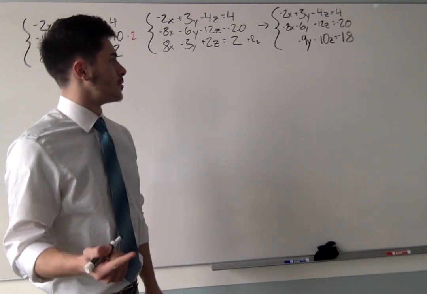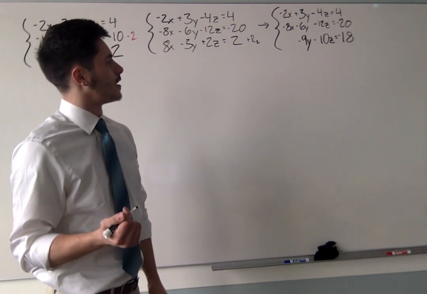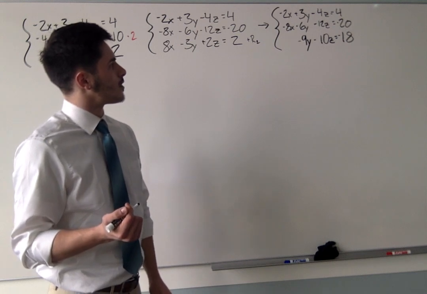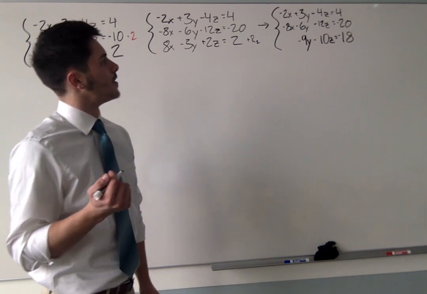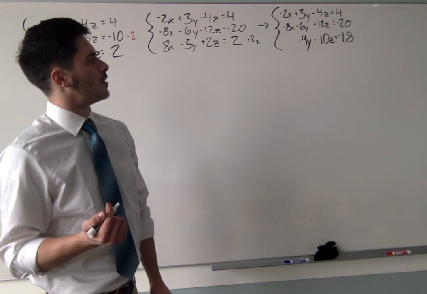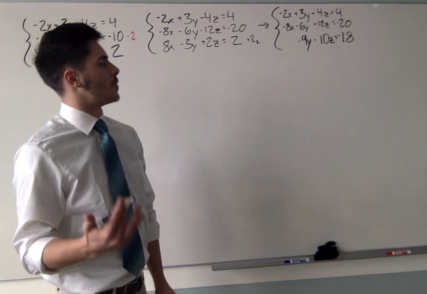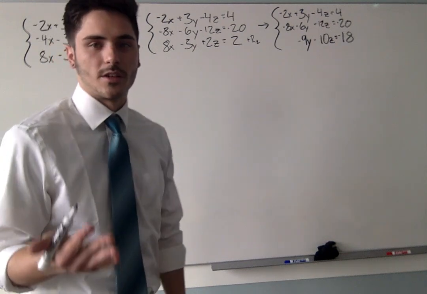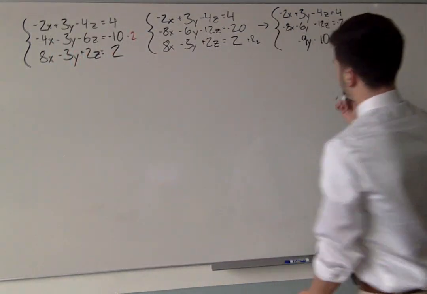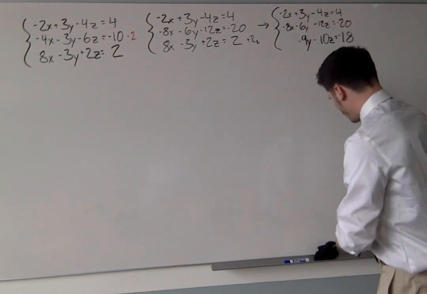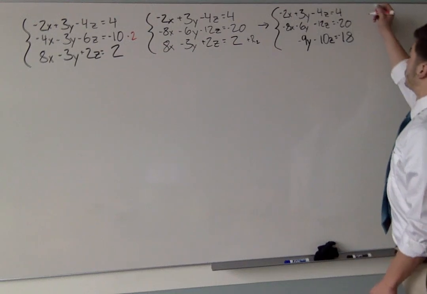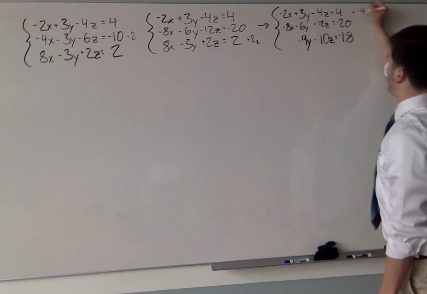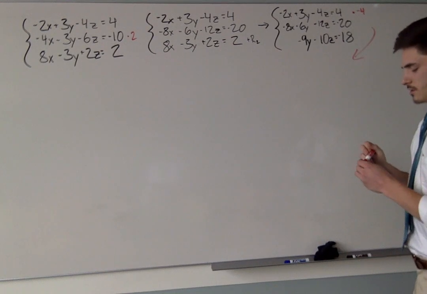So in order to do that, we're going to have to multiply the top equation by negative 4, otherwise we would have to divide the middle equation by 4, and we don't want to do that because not all of those terms are easily divisible. So we will multiply by negative 4, and I'm going to rewrite that down here.